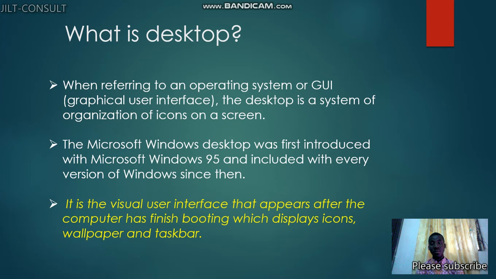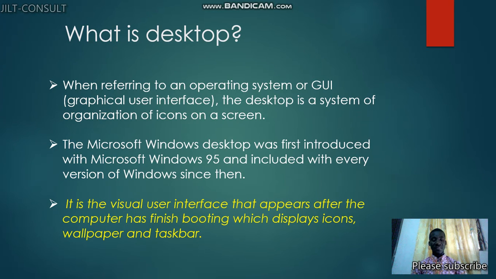And the desktop, when referring to an operating system or GUI, you've seen this particular word in the previous slide, which is saying what? A graphical user interface. A desktop is a system of organization of icons on a screen. So we organize icons on a screen. That's where we call desktop.